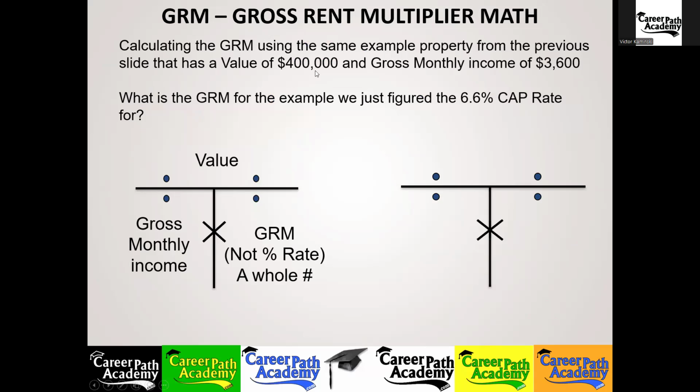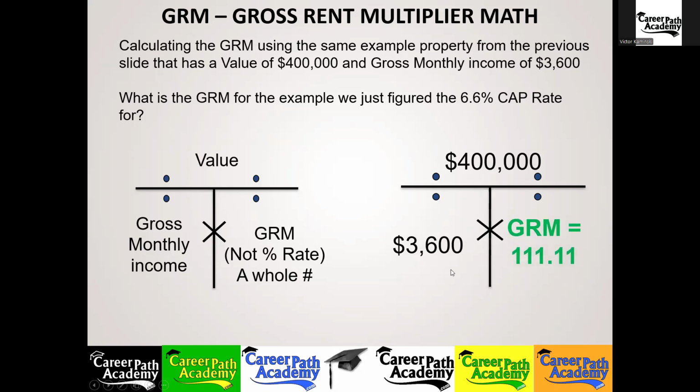The value of the property goes up top, and the gross monthly income on the other side. Divide down, and you get a GRM of 111.11.